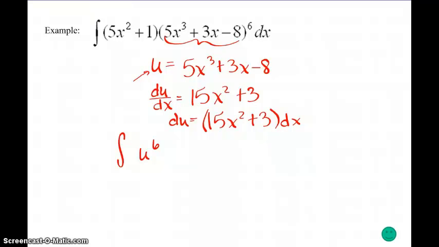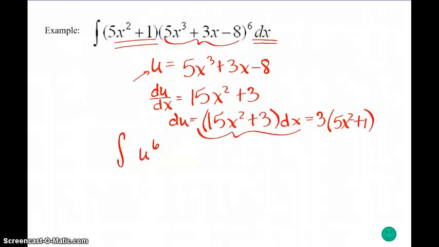So now I am going to take my du and I'm going to compare it with everything that's left in my integrand. Is it true that 15x squared plus 3 is equivalent to 5x squared plus 1? No, it isn't. I can factor out a 3, and what's left is what is in that original integral.